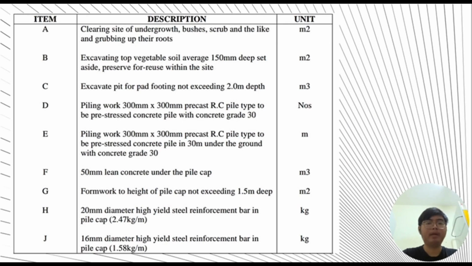Next is item H, 20 millimeter diameter high yield steel reinforcement bar in pile cap with 2.47 kilogram per meter. And lastly, for item J, 16 millimeter diameter high yield steel reinforcement bar in pile cap with 1.58 kilogram per meter.